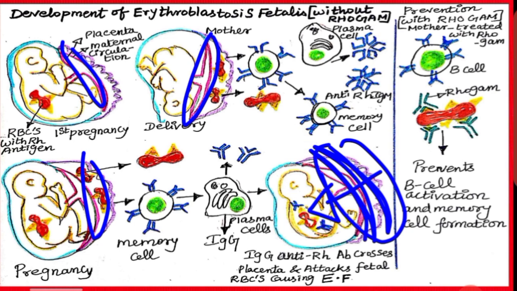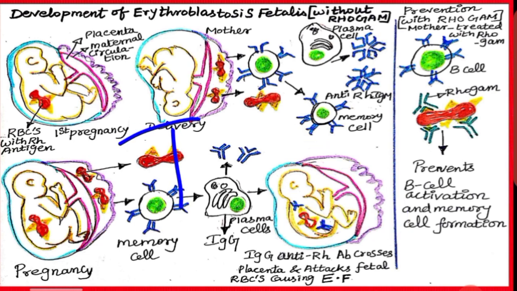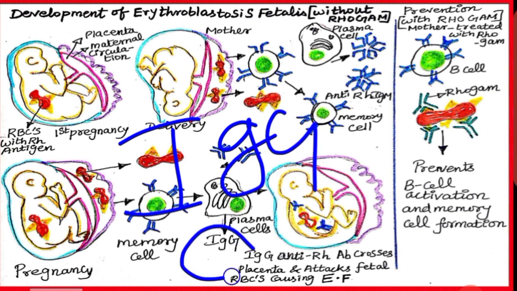Out of all types of antibodies, IgG antibodies have the capacity to cross the placental barrier. This type of antibody, produced by the mother's system, can enter into the system of the child.